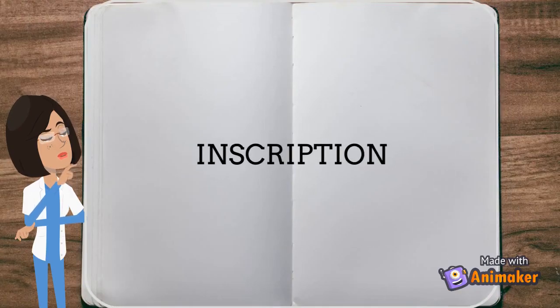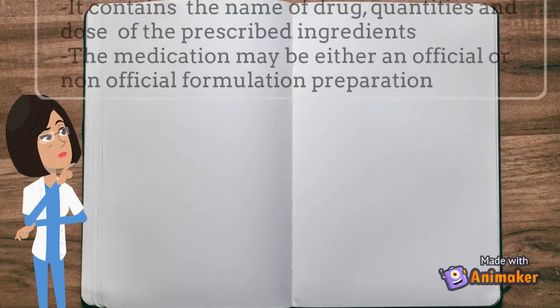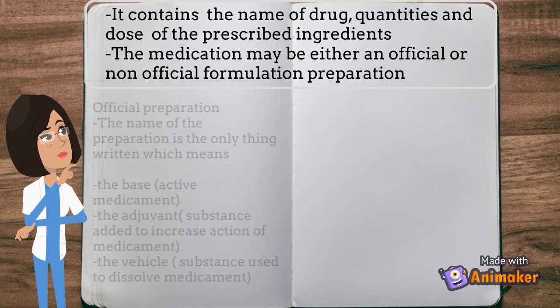The fifth part of the prescription is the inscription, which is considered the main part of the prescription. It contains the name of the drug, quantities, and dose of the prescribed ingredients. The medication may be either an official or non-official preparation.